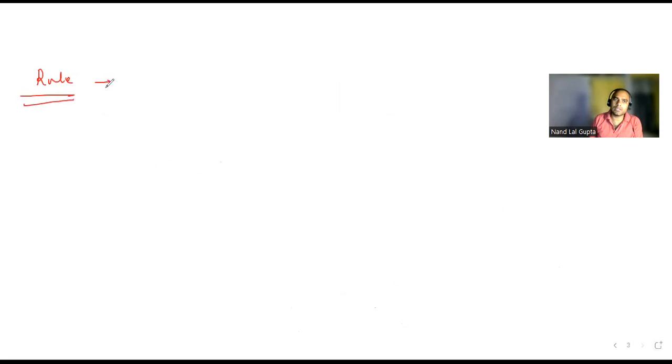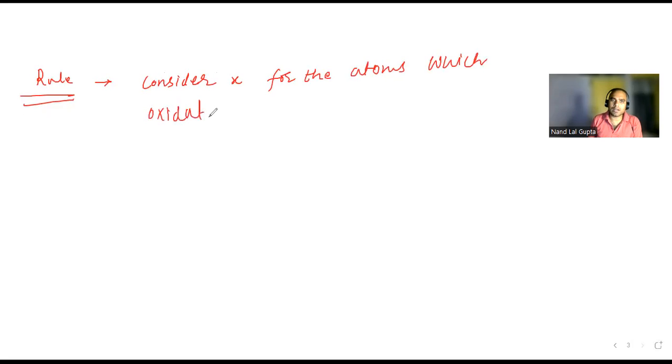Okay, the rule is: consider x for the atom whose oxidation state is to be calculated.